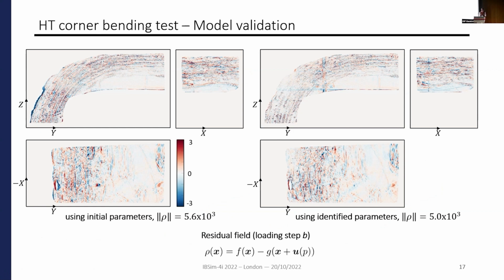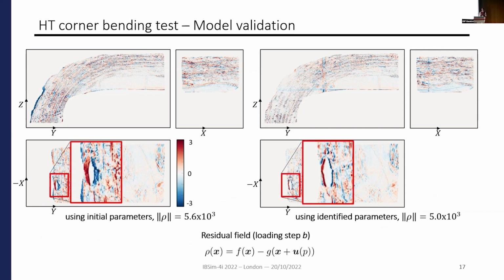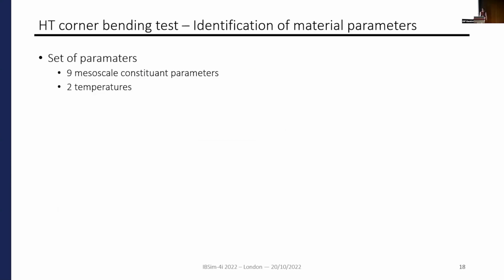What we have to see is that the lunulae you have in red and blue correspond to the mismatch between the two images, and they reduce significantly during the identification process. Some error remains, but it's quite classical because the model is not able to describe perfectly the kinematics of the sample.